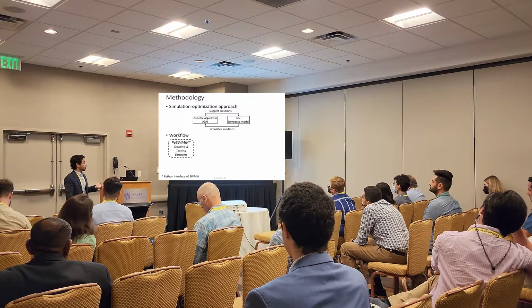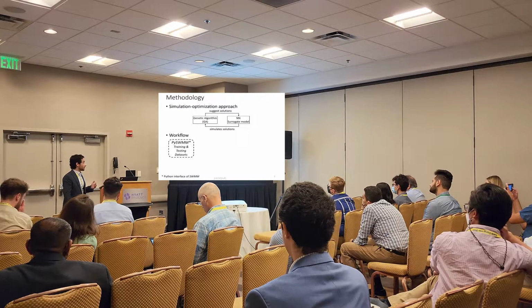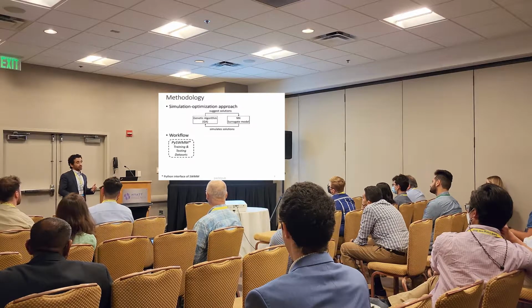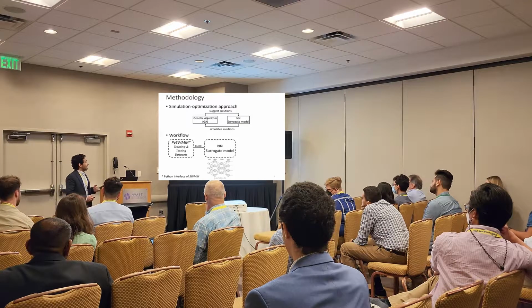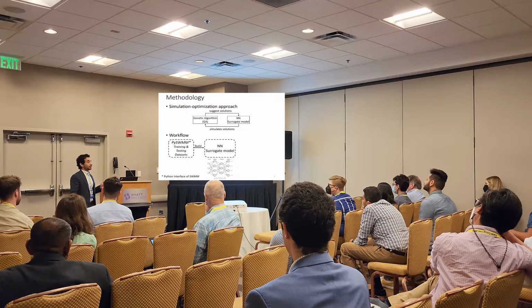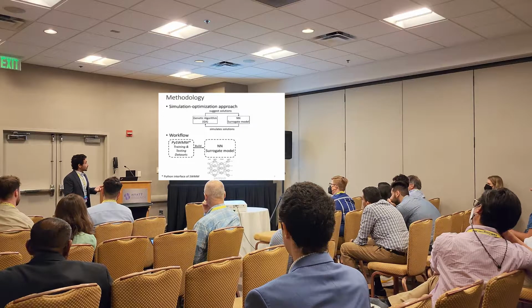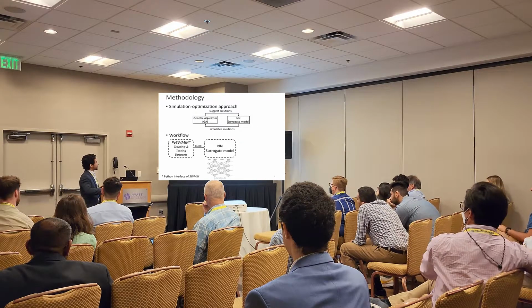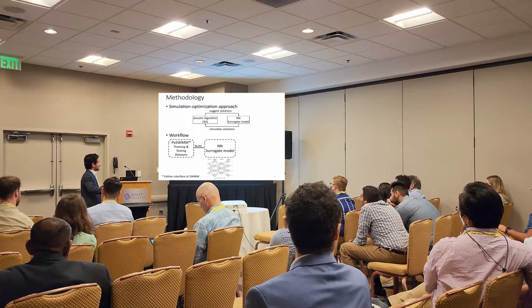Our workflow starts by using PySWMM, which is an interface of SWMM in Python, to generate training and testing datasets. These datasets are then used to train the neural network model, so that it can learn the relation between the input and the output.